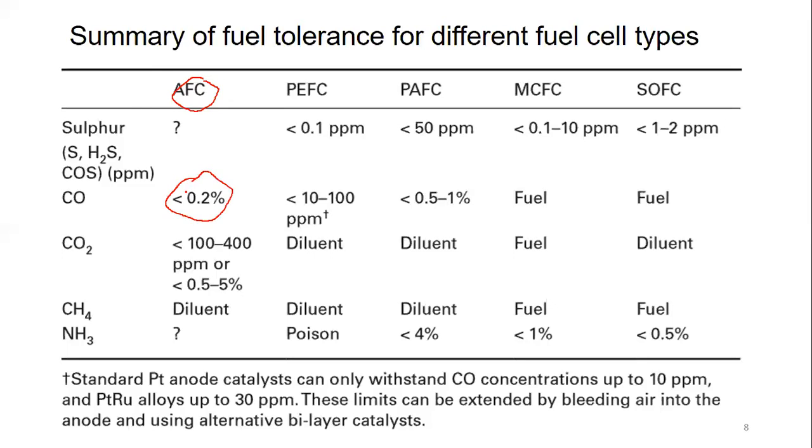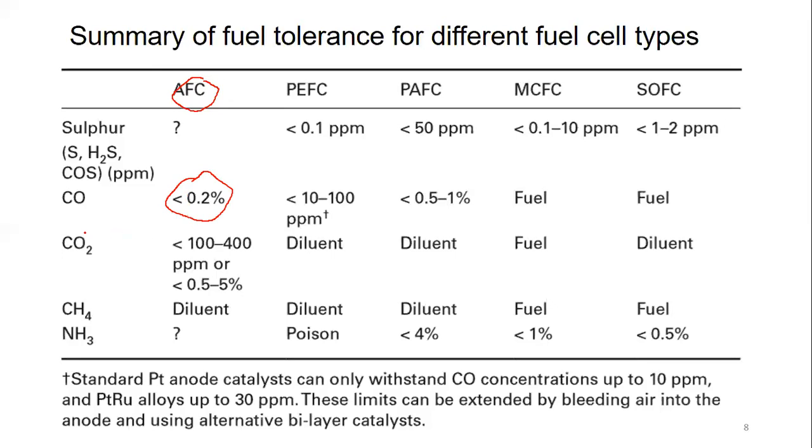That is not permissible. You can cancel that. You never expect high efficiency from your device with a carbon monoxide content greater than that. They don't have the tolerance for that, and we discussed that in the alkaline fuel cell, if you remember.